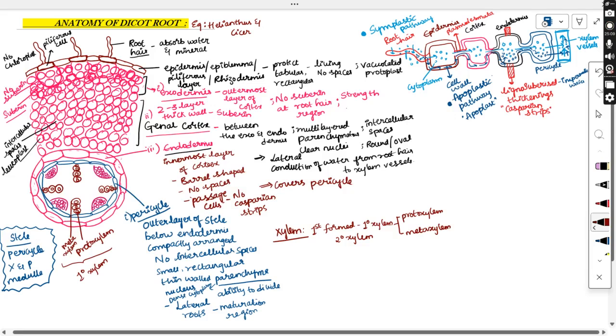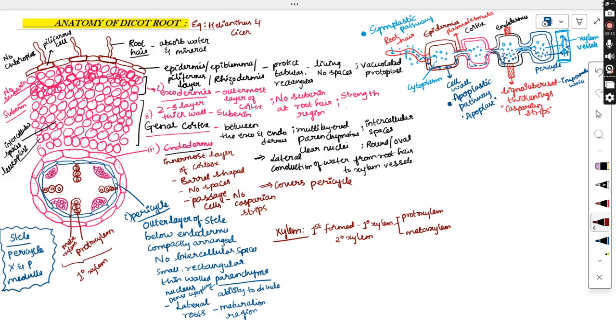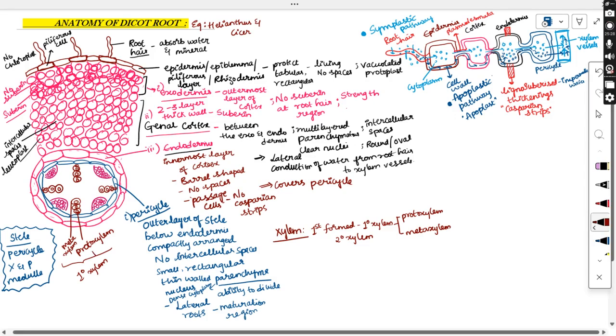Now, based on the arrangement of the protoxylem and metaxylem, we describe the arrangement as exarch and endarch. So let us see what these are. We use these terms based on the position of the protoxylem. In this diagram, the protoxylem is towards the peripheral side, whereas the metaxylem is towards the center side.